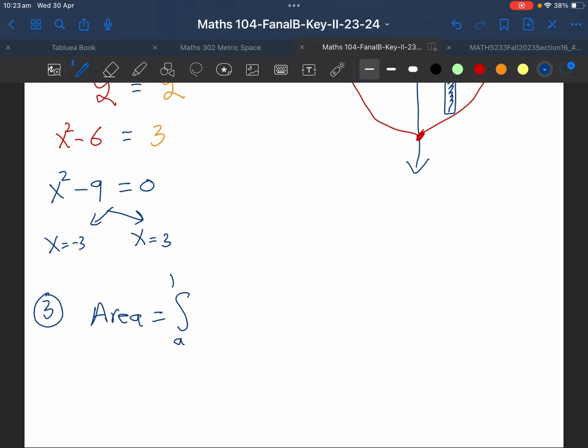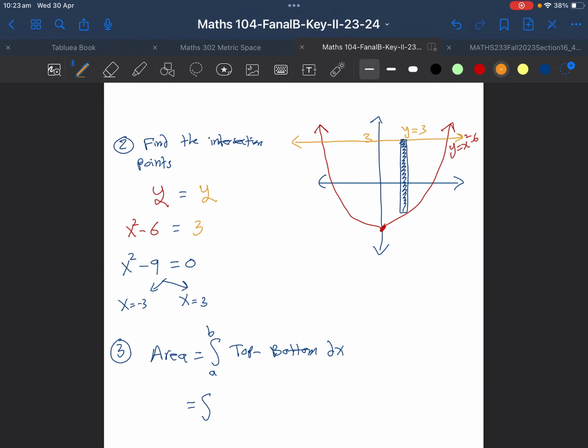The area will be the integral from a to b, top minus bottom, dx. So the integral will be, what is the top function? As you can see from the picture, it is the orange function, so it will be just the 3, minus, what is the bottom function? The bottom function is the red function, which is x squared minus 6.